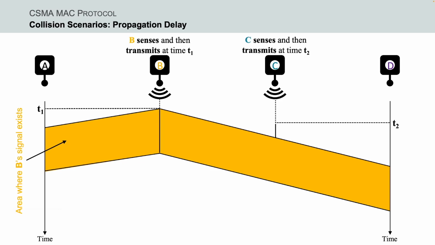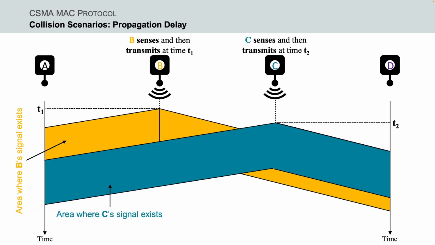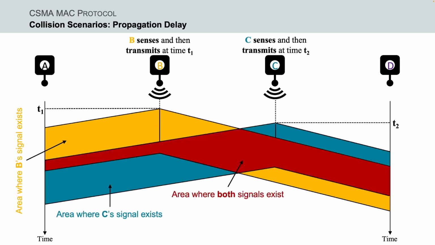Then at time t2, where t2 is larger than t1, node C senses the shared medium and detects it idle, thus it also transmits a frame. Why? Because at this time the first bits from node B have not reached node C, thus node C also sends a frame. As a result, the two signals collide and consequently both frames are destroyed.